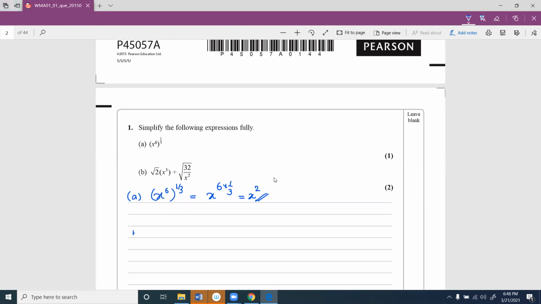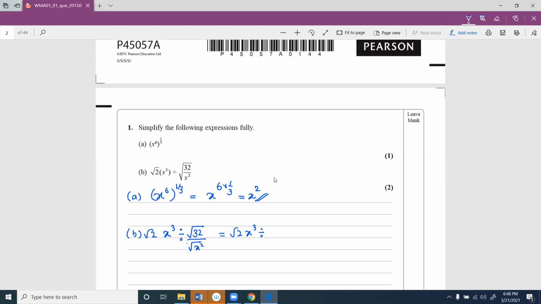When you come to part B, root 2 x to the power 3 divided by the square root of this one, you can write this as the square root of 32 divided by the square root of x squared. If there's a division over here, we can write it that way. So this reduces to root 2 x to the power 3 divided by root 32. For root 32, just use a calculator.